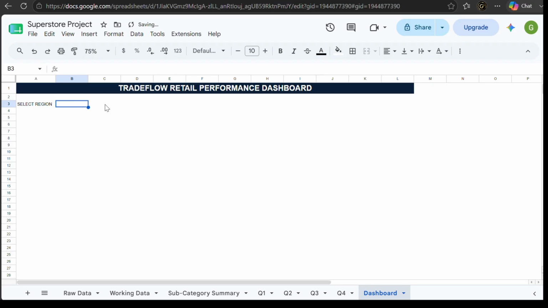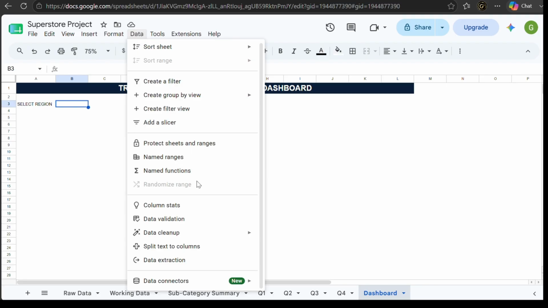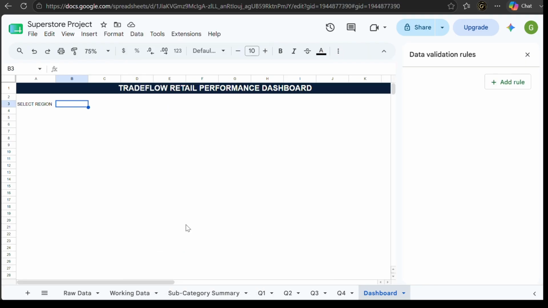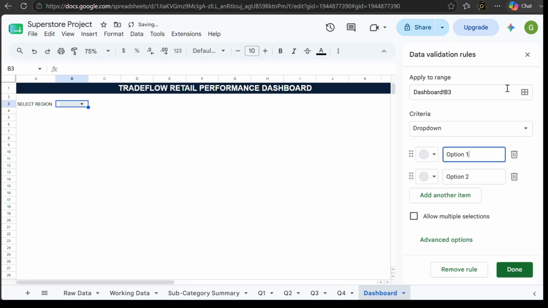So now at this point here, I would have to create a drop down in this B3. So I'll just go to data and I'll look for data validation, and then in my data validation I'll add rule. Now in this rule I would like to apply to range.